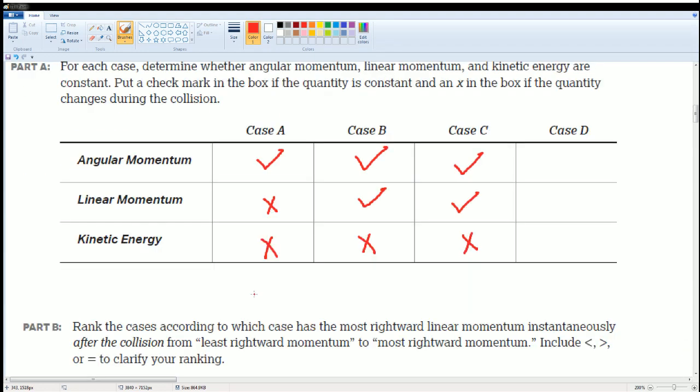All right, so part D. Is kinetic energy constant or is it changing? It's changing. Linear momentum, it is changing, and angular momentum, it is changing.